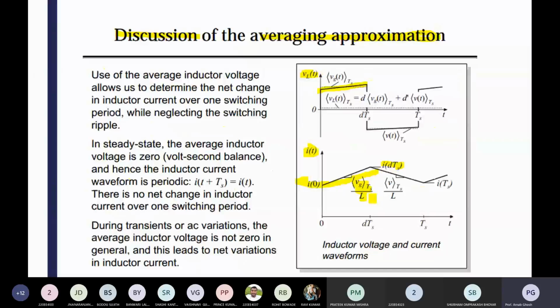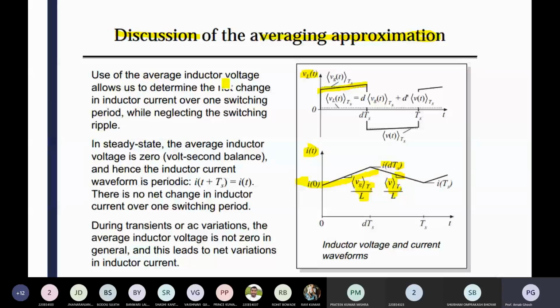So that is written over here: <Vg>Ts, the average value, which is why it is within the angle brackets with suffix Ts, divided by L, and the slope is <V>Ts by L. That is the output voltage over the period.